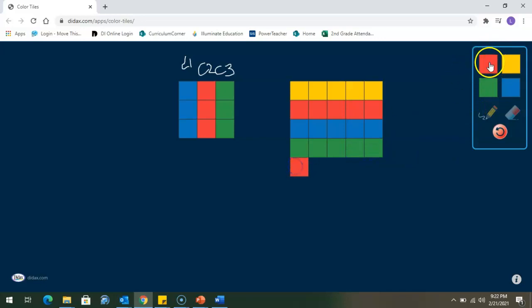And 1, 2, 3, 4, and 5. What does your array look like? Yes, it looks like a square. And it's 5 rows of 5 or 5 columns and 5 rows, boys and girls.